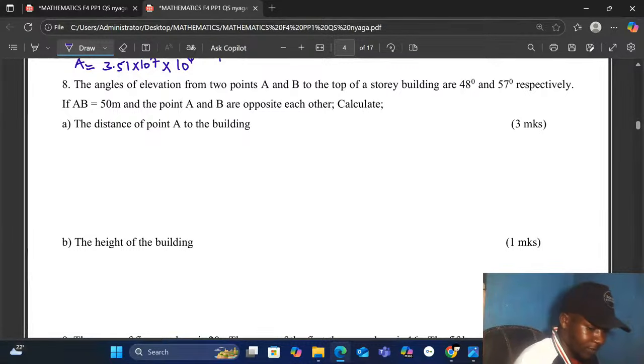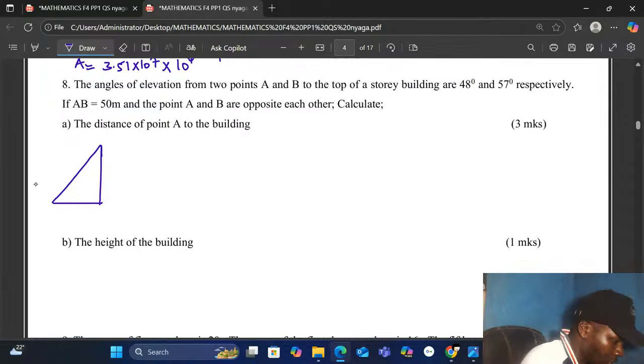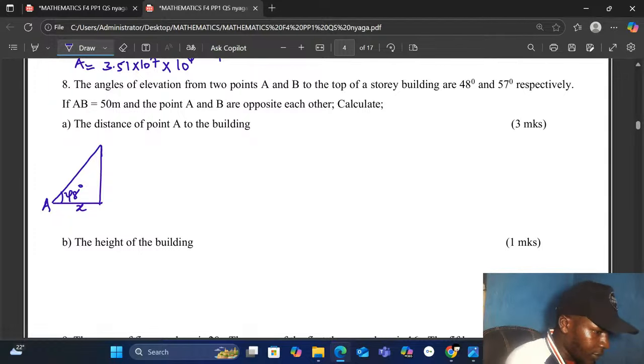Now we can have a sketch of the two. So they are saying we have point A. So this is where point A is, and the angle of elevation here is 48 degrees. And the distance here is x, we take it as x.